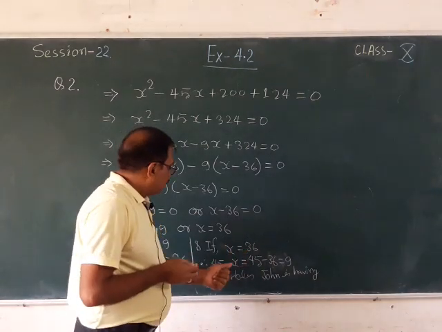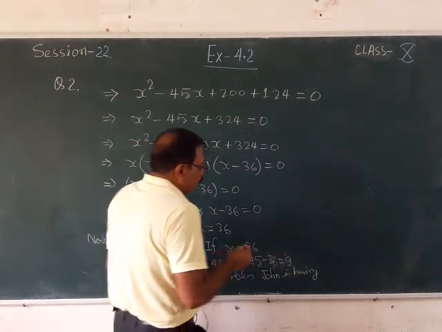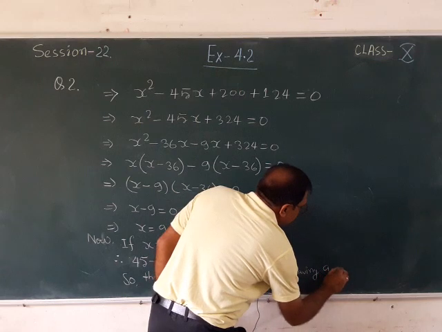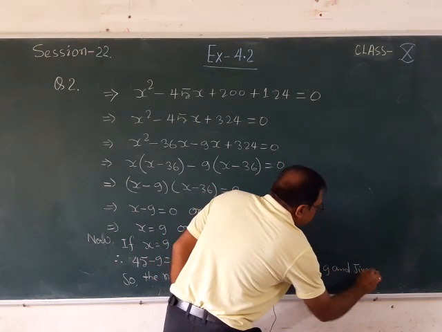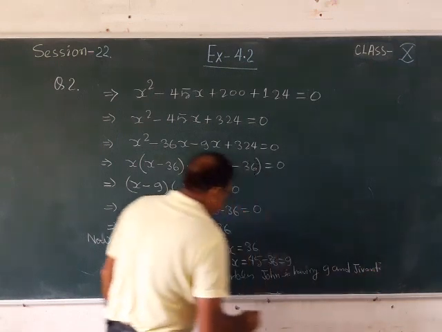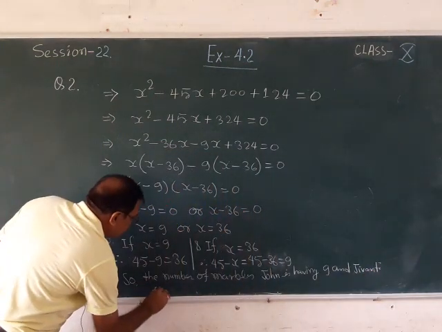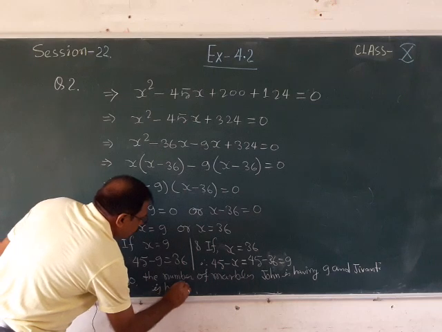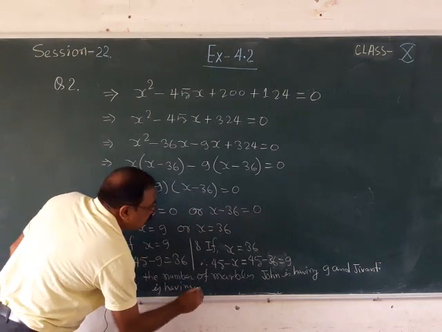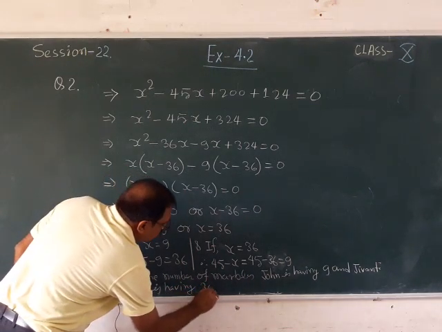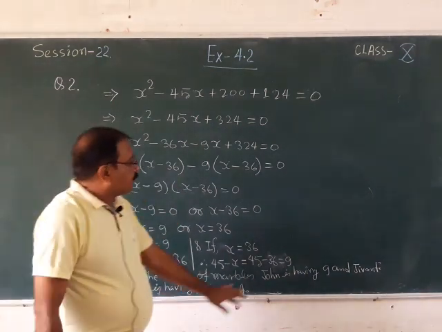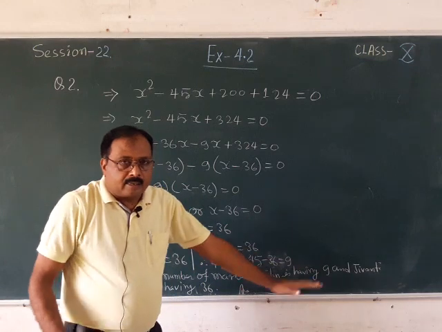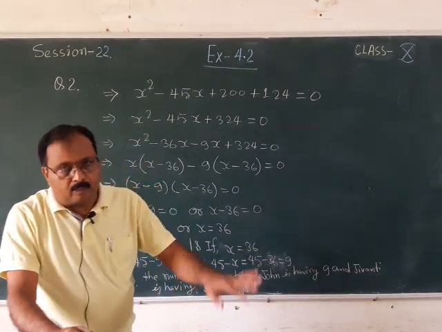Then Jivanti is having 36. Or you can change it, if the number of marble Jivanti is having 9, then John is having 45.